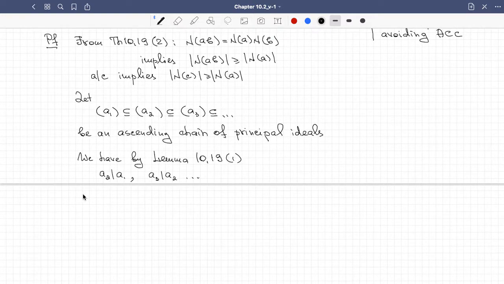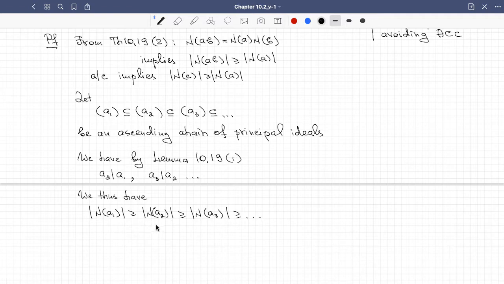Thus we have the norm of A1 by absolute value is bigger or equal than the norm of A2, bigger or equal than the norm of A3, and so further.